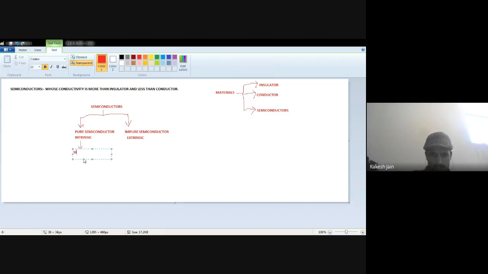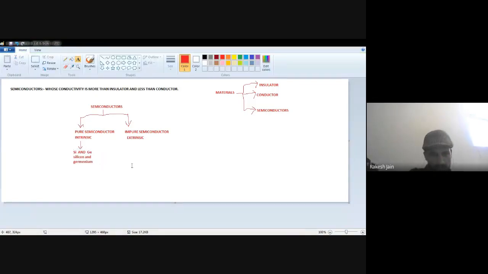Pure silicon and pure germanium. Silicon and germanium are basically used as pure semiconductors.